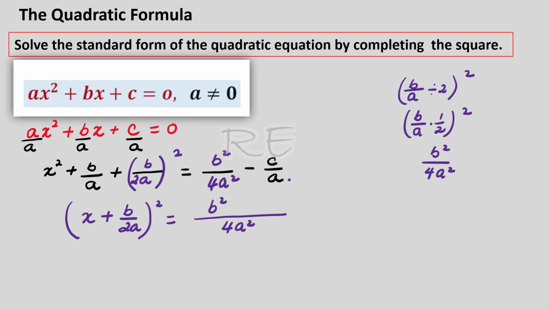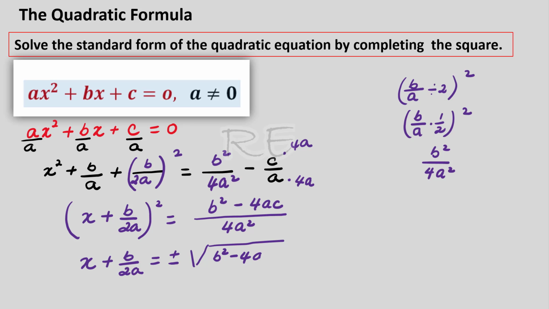We're going to multiply c over a by 4a over 4a, and we get 4ac. x plus b over 2a, when we take the square root of both sides, is equal to plus or minus the square root of b squared minus 4ac, divided by the square root of 4a squared, which is 2a.